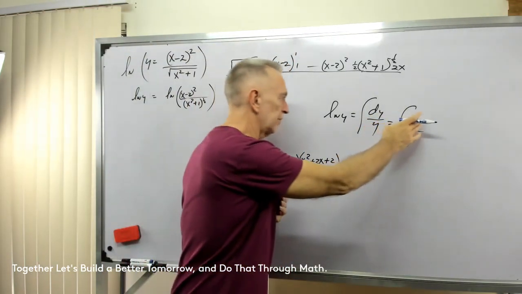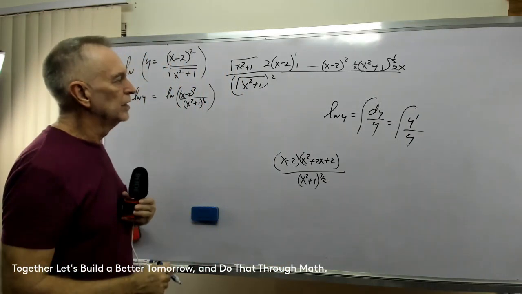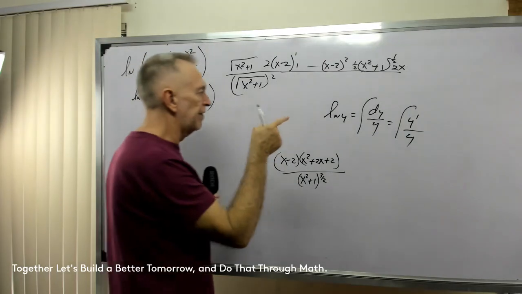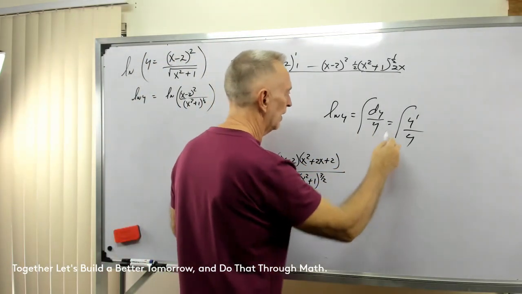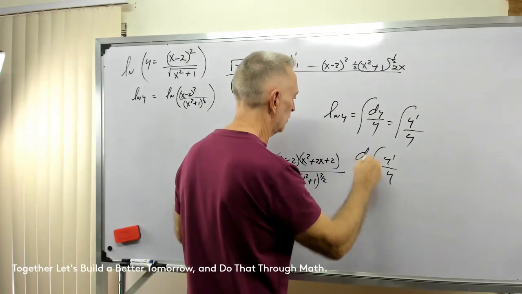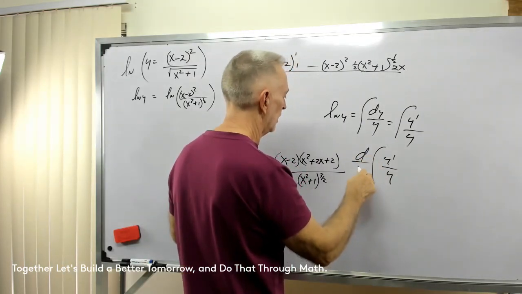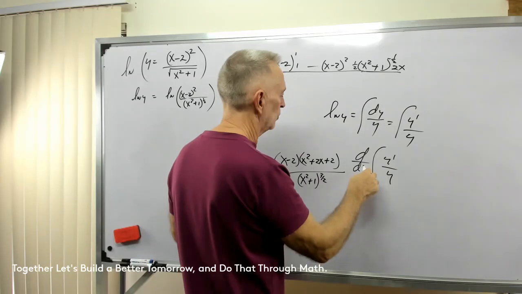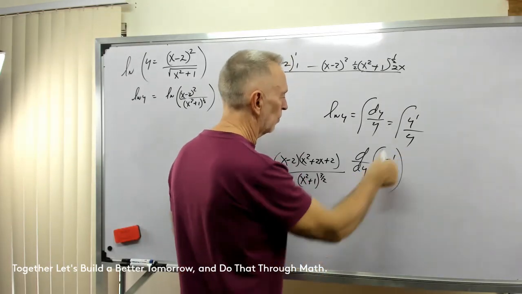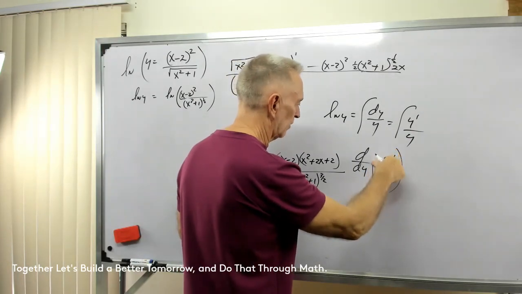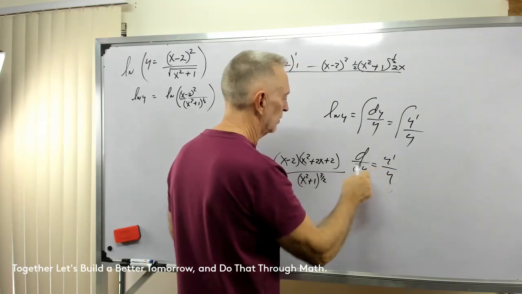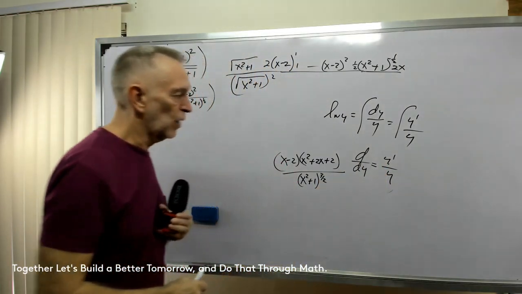If I take the derivative of that integral of y prime over y with respect to y, the integration sign just falls off, so you end up with just y prime over y.